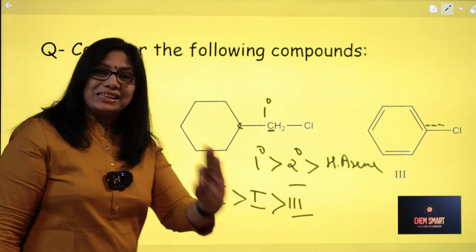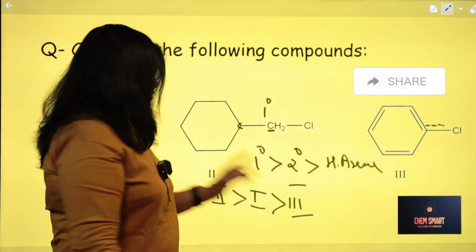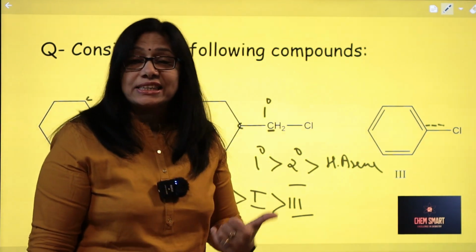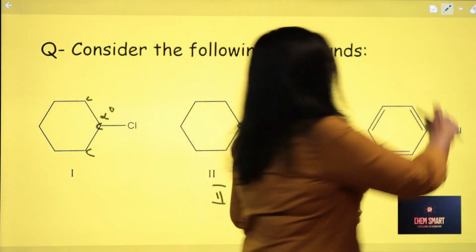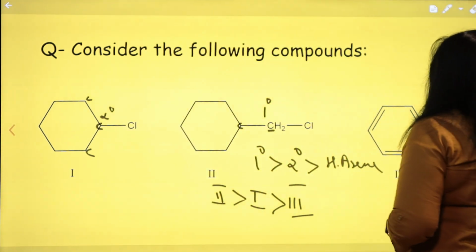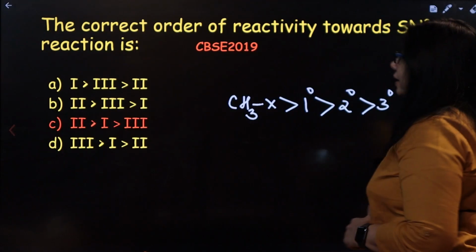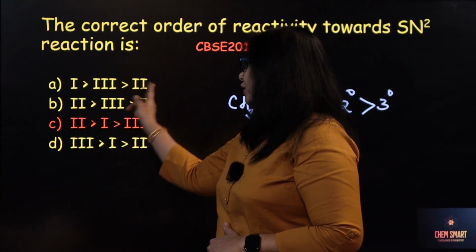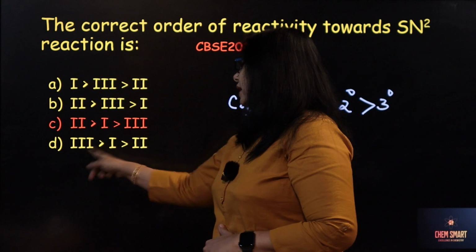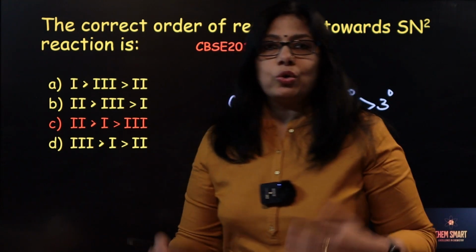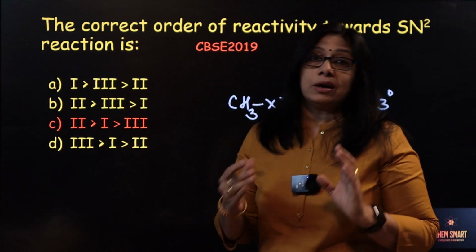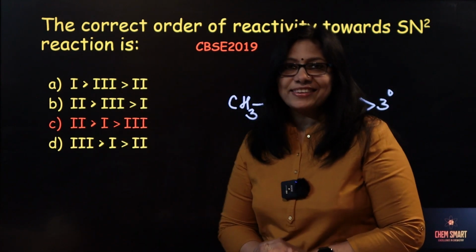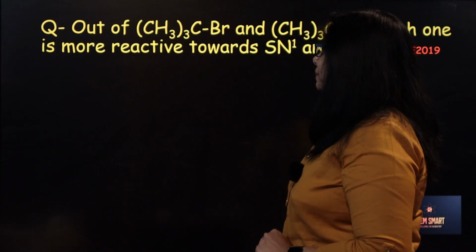Therefore, the correct answer for this question is 2, 1, 3. Clear? So practice such questions well. The options given are A, B, C, D: 1, 2, 3; 2, 3, 1; 2, 1, 3; and 3, 1, 2. So our correct answer based on our findings is 2, 1, 3. Clear? Now, the next question.